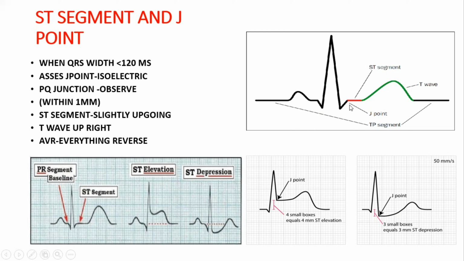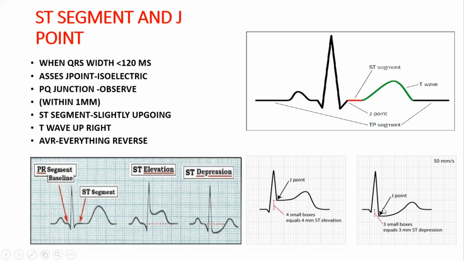So ST segment is here to here. This is ST segment. Beginning of ST segment is J point. This is T wave. Here there is J point elevation. This is isoelectric line. 4 small boxes equal to 4 mm ST elevation.